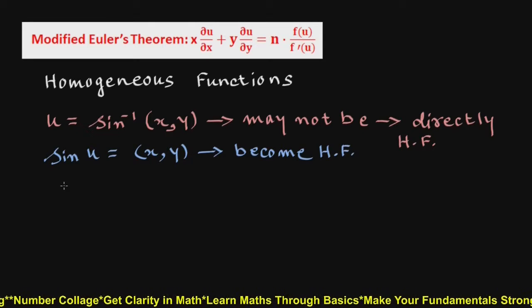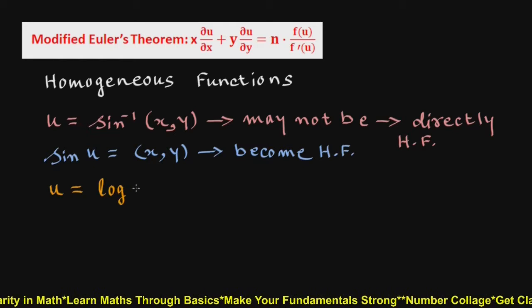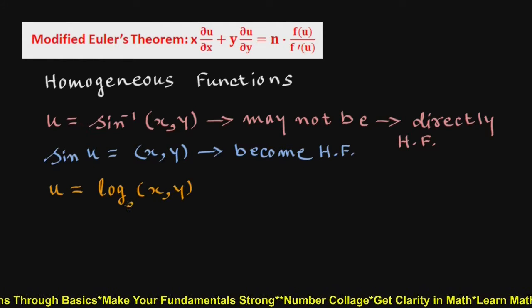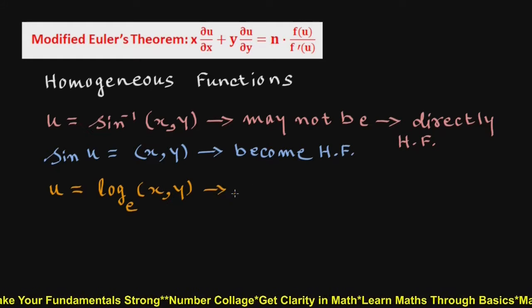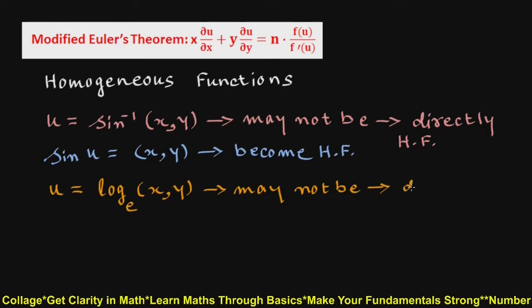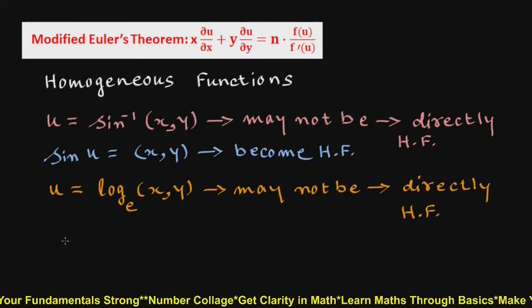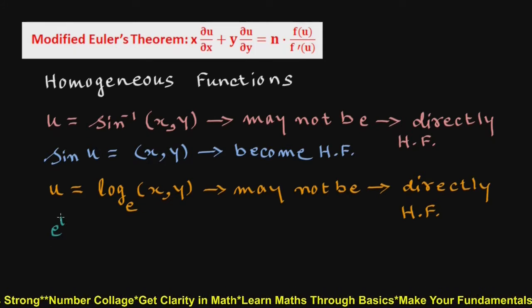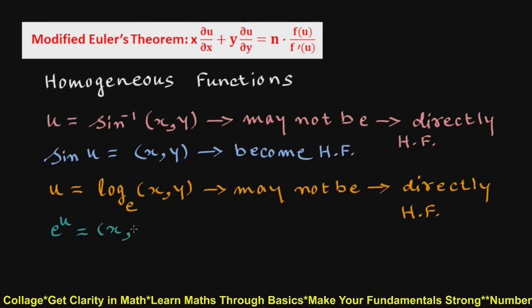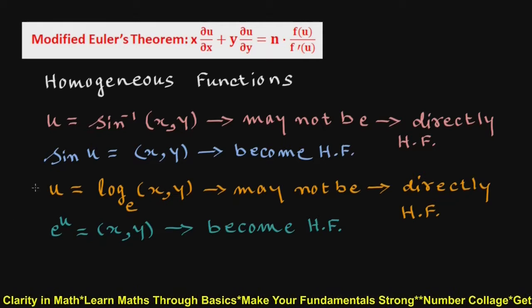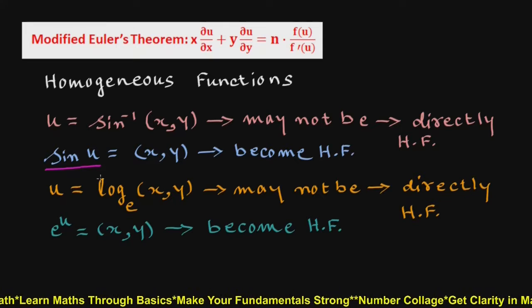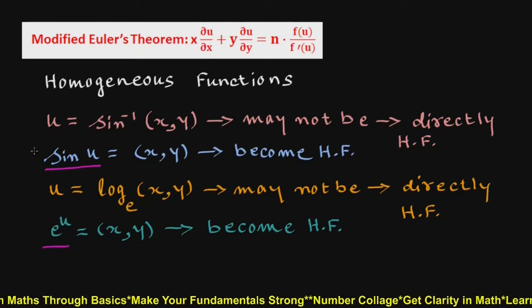Similarly, functions like u = log(x, y) to the base e, a function with two independent variables, may not be directly homogeneous, but if we write them as e^u = (x, y), they become homogeneous functions. We can name functions like sin u, e^u, etc.